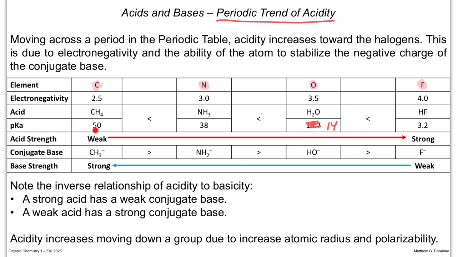So remember, the larger that number, the weaker the acid. Whatever H is bonded to that element as you move towards fluorine, that is increasing the acidity of that XH bond. And we can partially attribute that to the electronegativity.